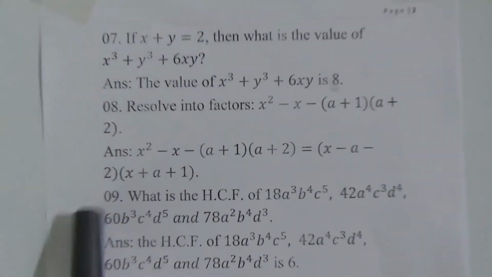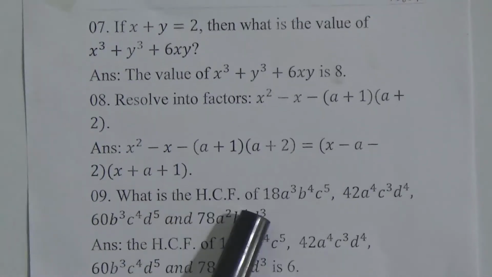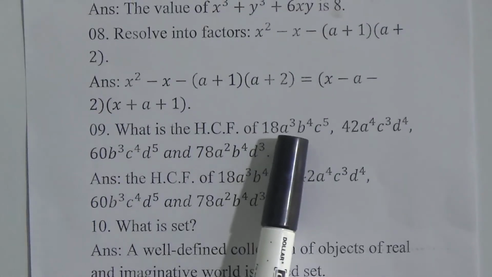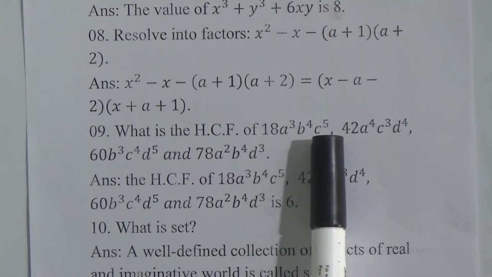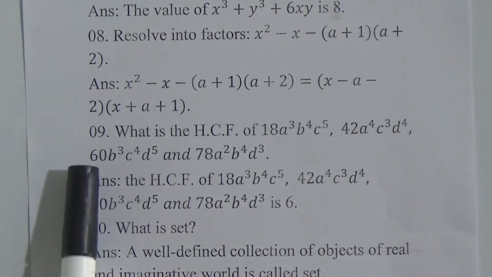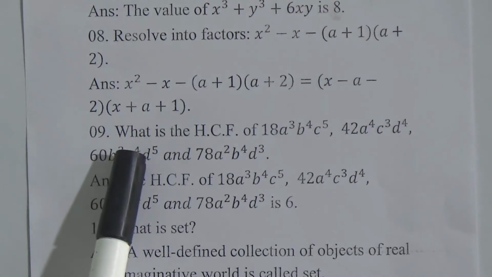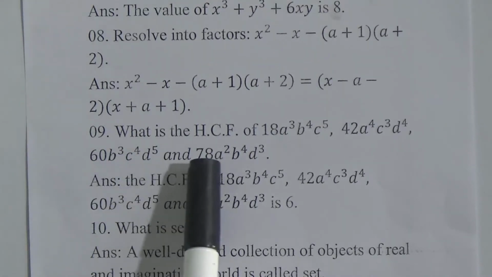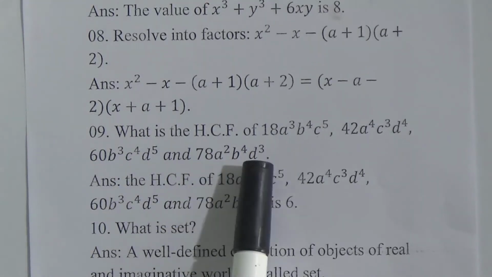Okay, now question 9. What is the HCF of 18a cube b to the power 4 c to the power 5, 42a to the power 4 c cube d to the power 4, 60 b cube c to the power 4 d to the power 5, and 78a square b to the power 4 d cube?